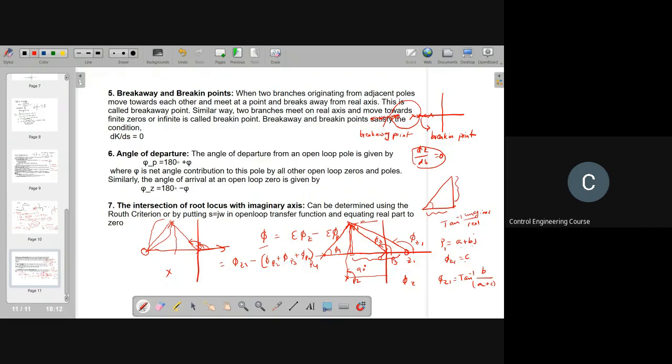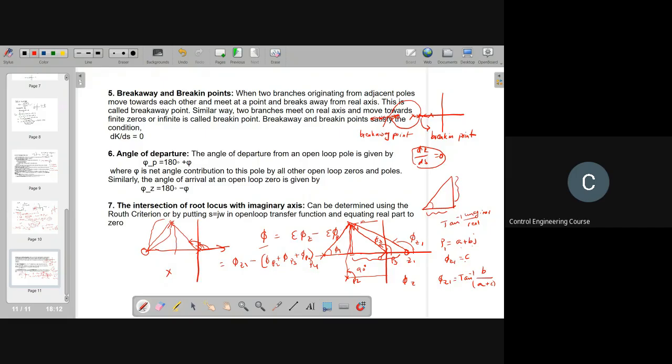Is it clear? Simple trigonometry, nothing more. We only need to calculate the coordinates: how much the test pole is away from 0, what the x coordinate and y coordinate are, then tan inverse y by x. That's all. This is how you calculate the net angle contributed by the remaining poles and zeros to the test pole P1.